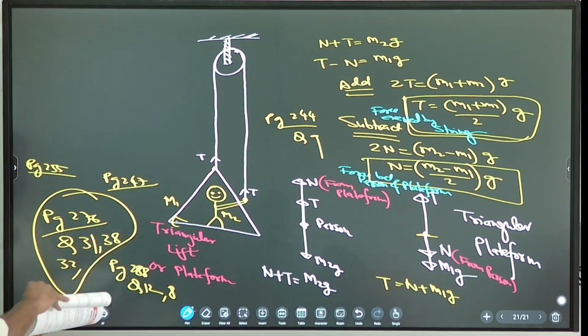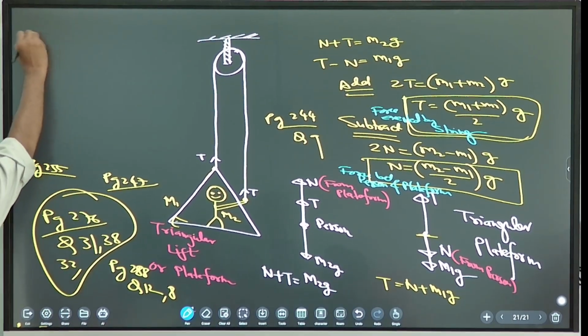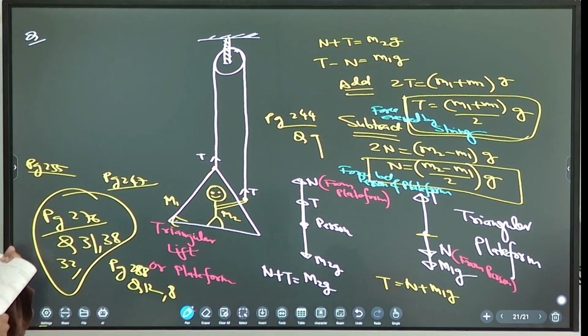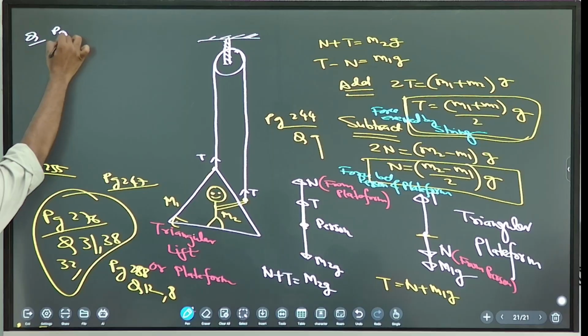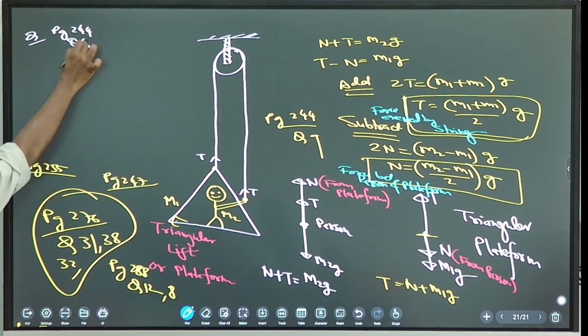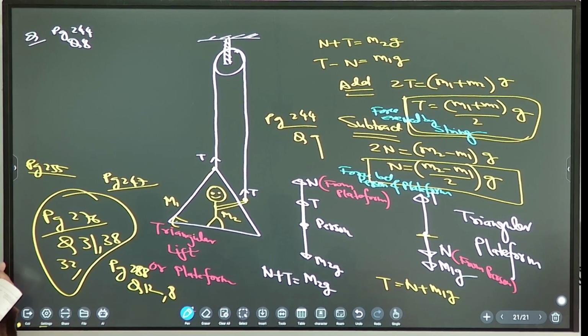So let's solve this question. In this eighth question, page 244, question 8: a man of mass 50 kg. Actually, that should be weight.